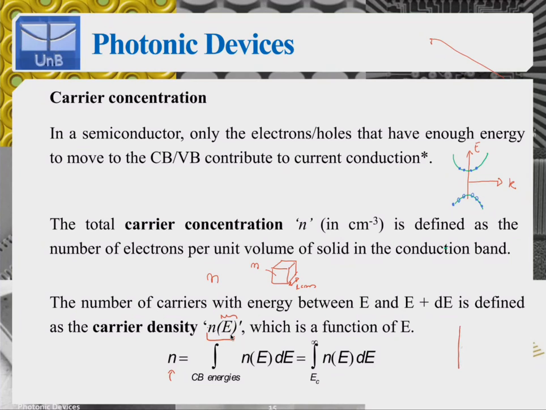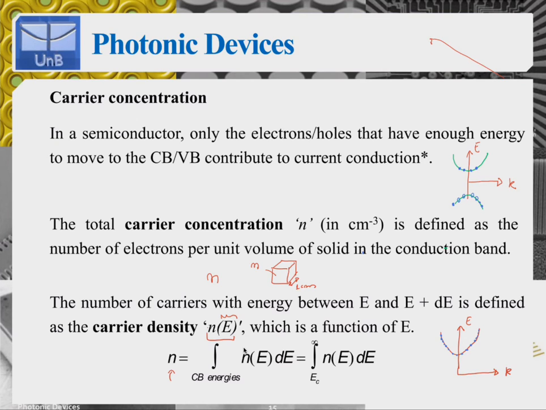So if we think about the band structure, let's draw only the conduction band, and let's say that this conduction band is filled with electrons in this manner right here. So these are all electrons at different energy levels in the conduction band.